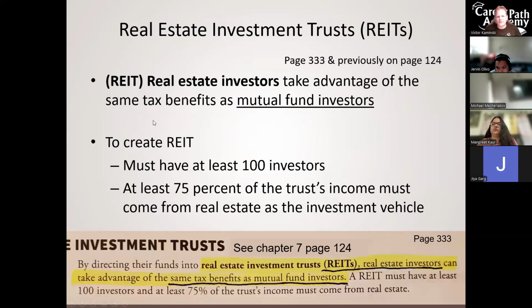Now, a REIT is a real estate investment trust. It must have at least 100 investors. And at least 75% of that trust income must come from real estate as the investment vehicle to be considered a REIT. Now, they even have definitions about who can be an investor, okay?